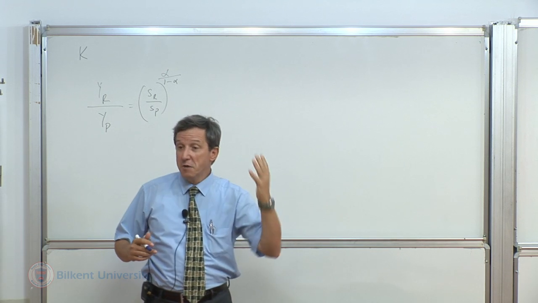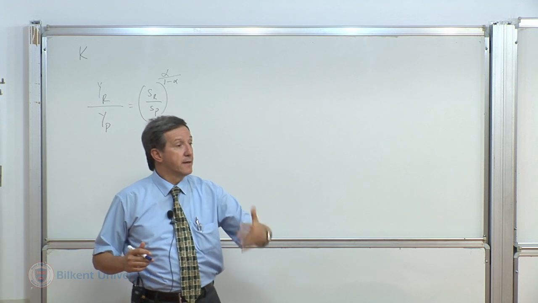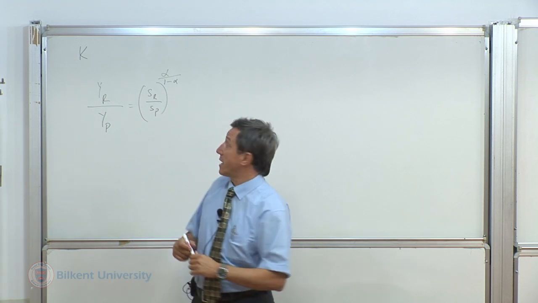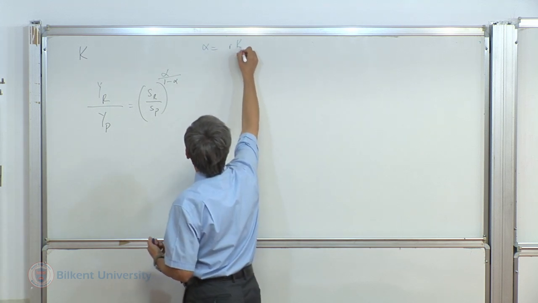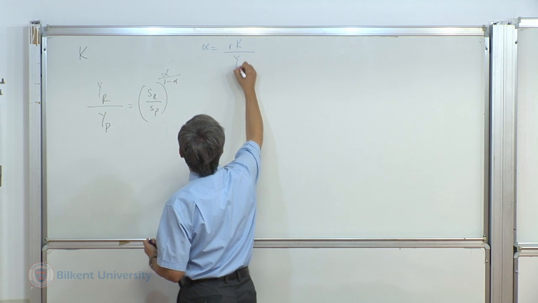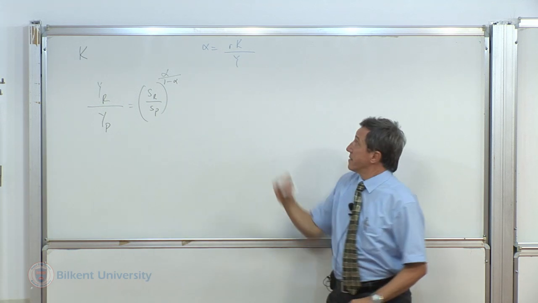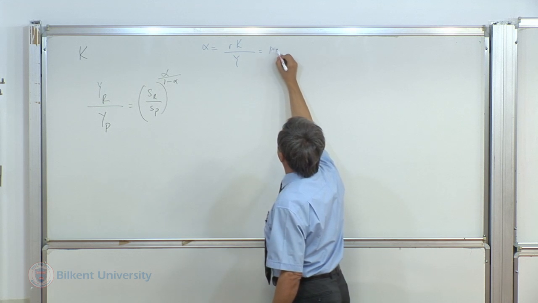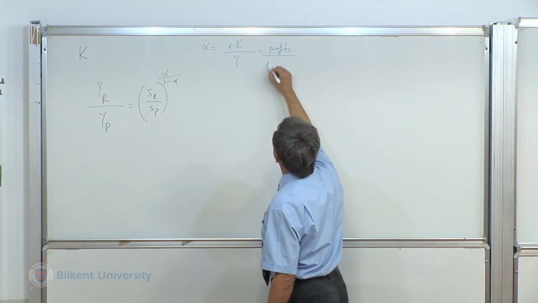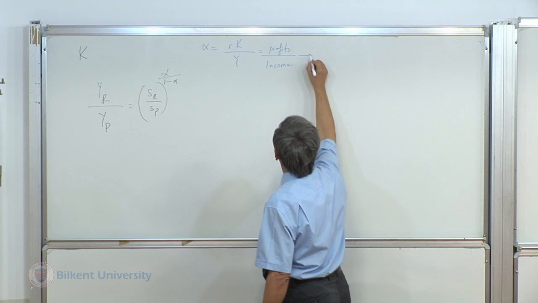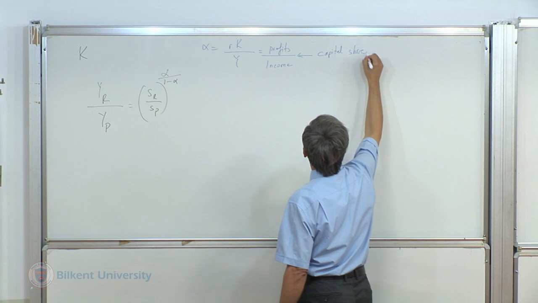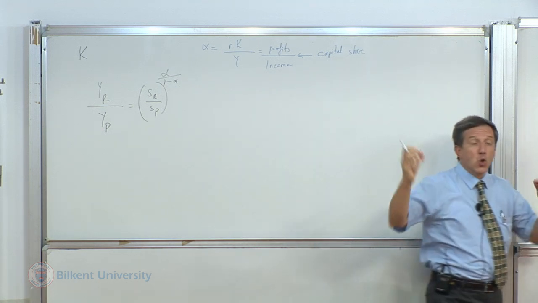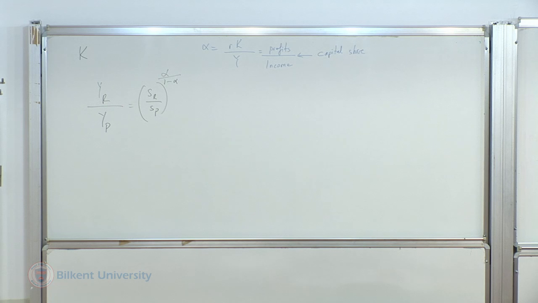Alpha has a very important social role in economics if you happen to use the production function. Alpha denotes returns to capital times capital divided by national output. That is, profits divided by income. And this is called capital share.